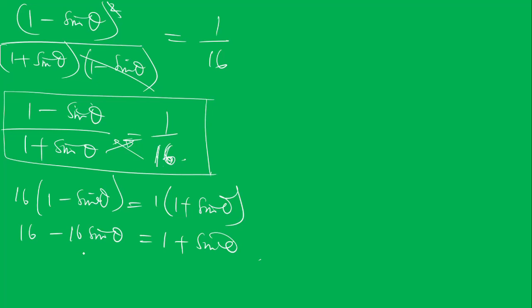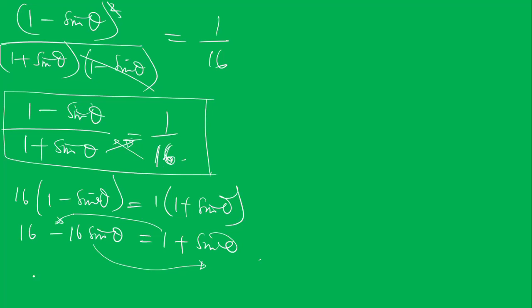Now move the like terms: the sine is the variable, while this one is the constant. We move it to the other side.